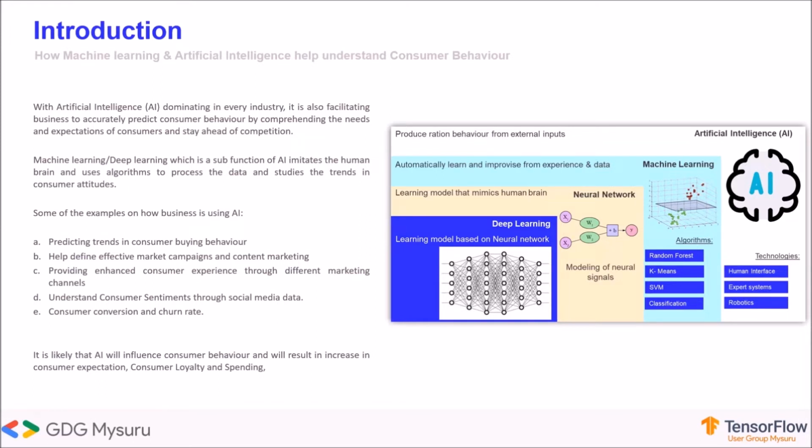Some of you must be aware of what AI, artificial intelligence, means, but let me take the opportunity to explain very quickly what AI is and what the other branches of AI are. Artificial intelligence is a wide-ranging branch of computer science concerned with building smart machines capable of performing tasks that typically require human intelligence.